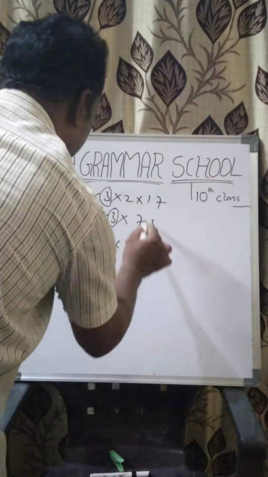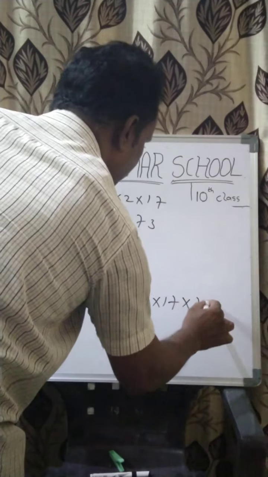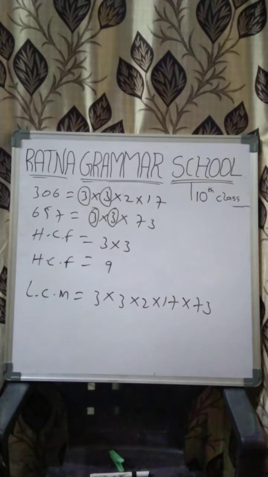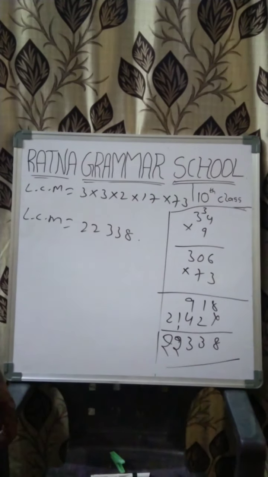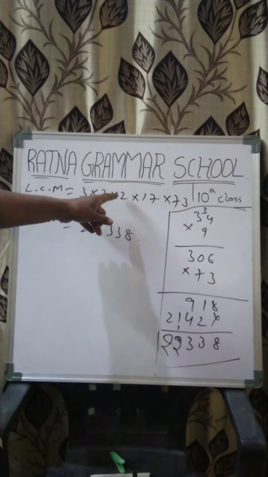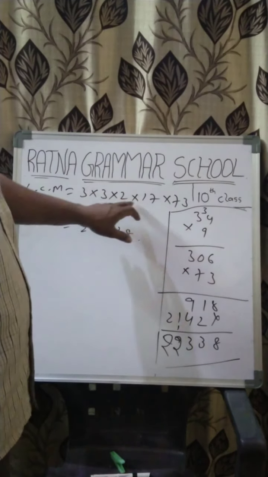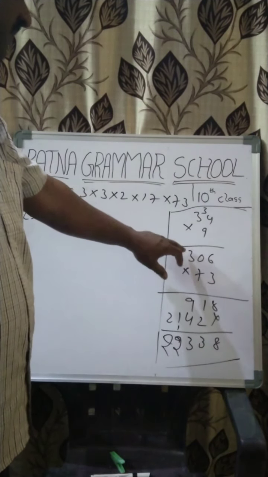Next, LCM is equal to the common 3 into 3, and the remaining 2 into 17 into 73. So we can multiply all these numbers. LCM is equal to 3 into 3 into 2 into 17 into 73. 17 into 34, 34 into 9, so it will come 306.